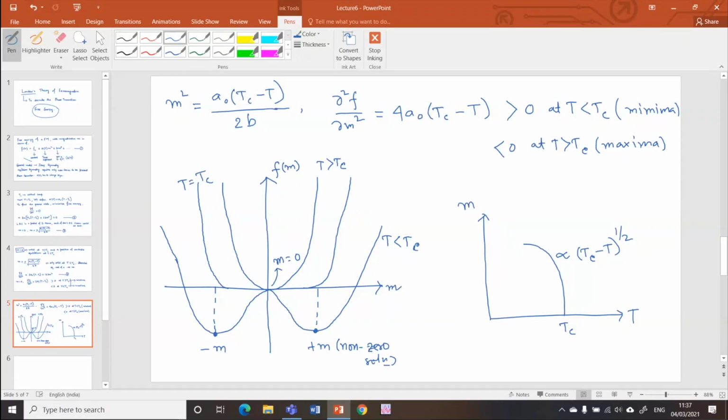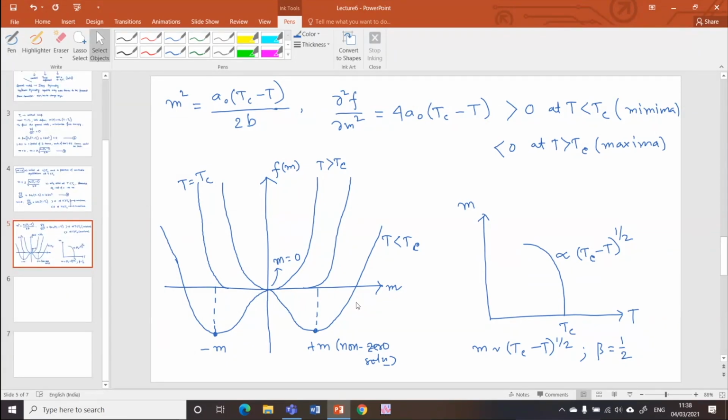I am getting it from this expression, m square equals a0 times (Tc minus T) by 2b. So here my m goes as (Tc minus T) to the power half. Now if you remember, we have these critical exponents. Here this exponent is beta, so beta comes out to be half.